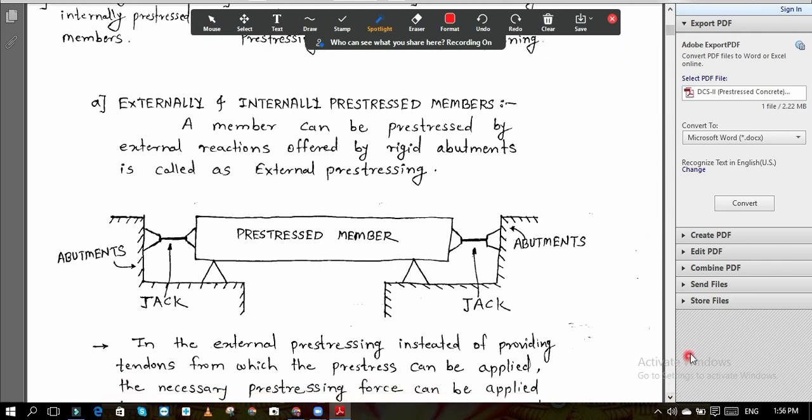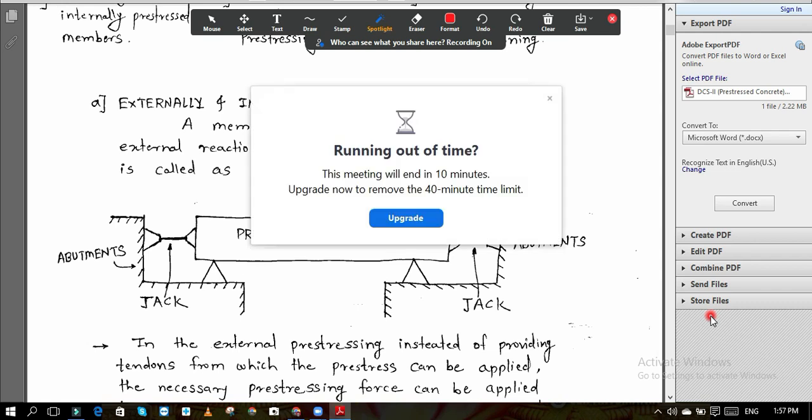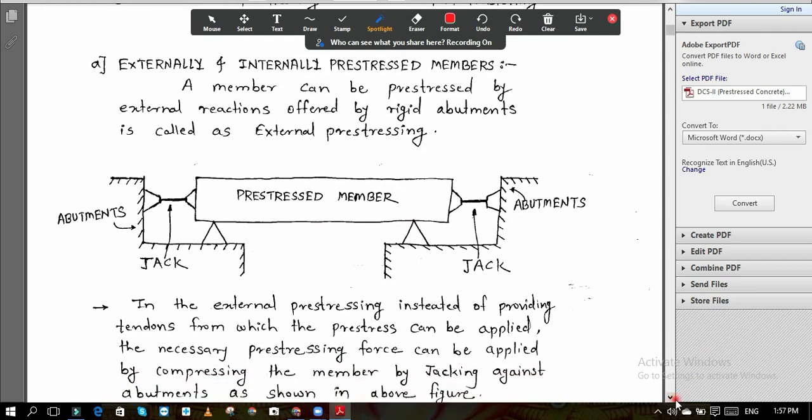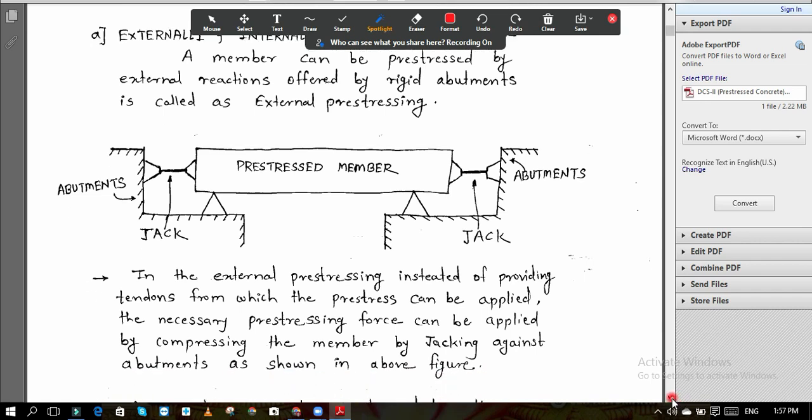If you draw the diagram you will remember it. So this is the pre-stressed member.